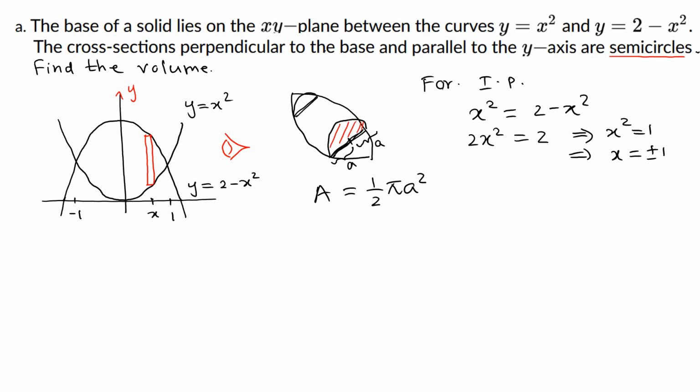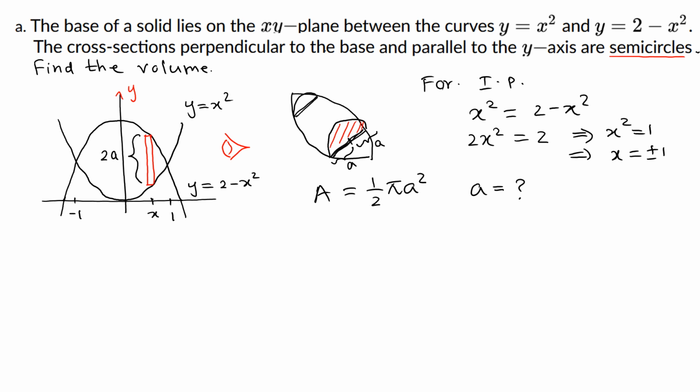So the only thing we need to know is a. A is the radius, which is half of the distance between the two curves. You can see this length is 2a, so you need to get half of that.